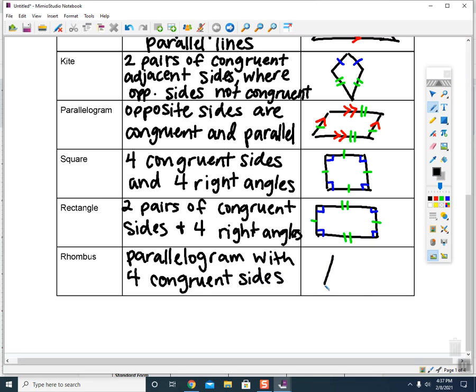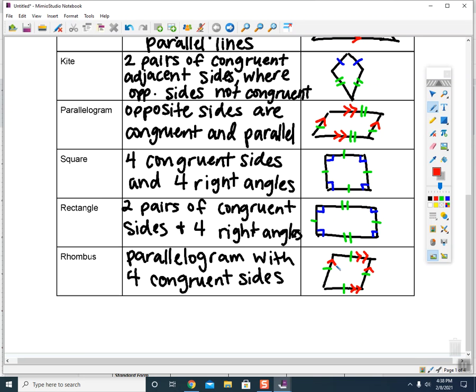So a rhombus, most of the time we see, is slanted, looks like this. All of these sides are congruent, and my opposite sides are also parallel. So this is parallel to that. This is parallel to this. So a rhombus is a parallelogram with 4 congruent sides.